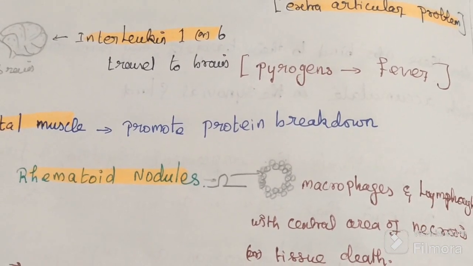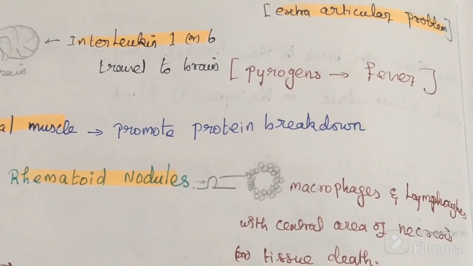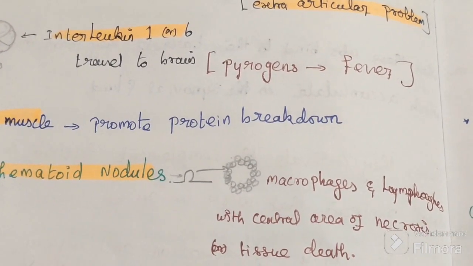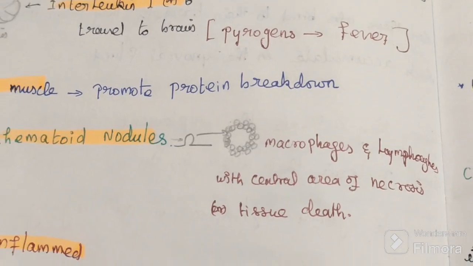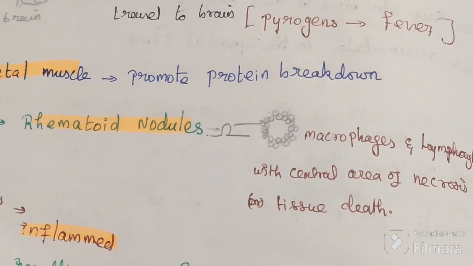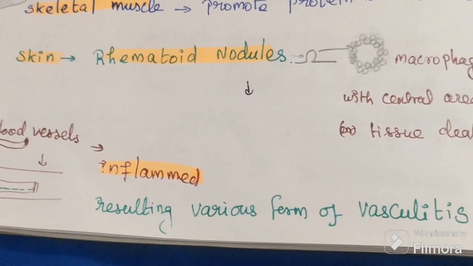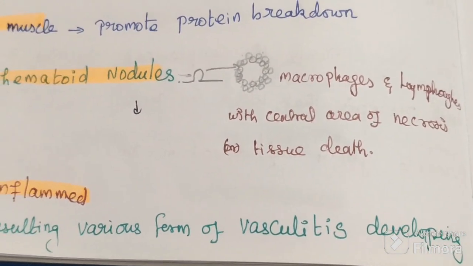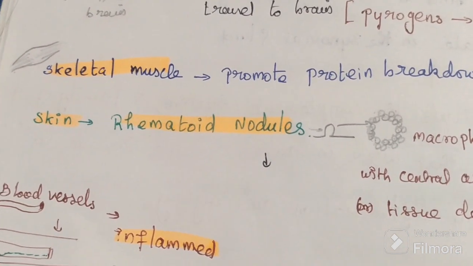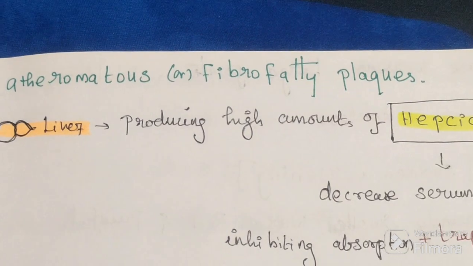Blood vessels can also be affected. Their walls get inflamed, resulting in various forms of vasculitis, and making them prone to developing atheromatous or fibrofatty plaque.